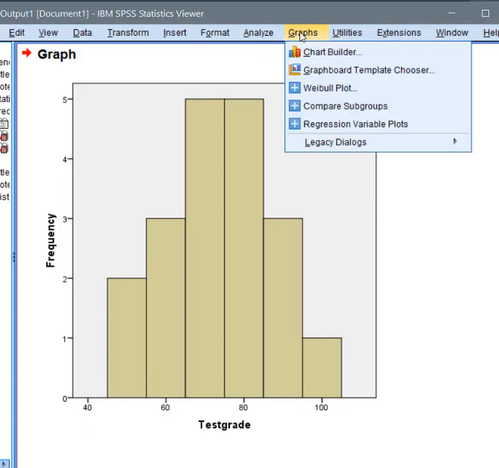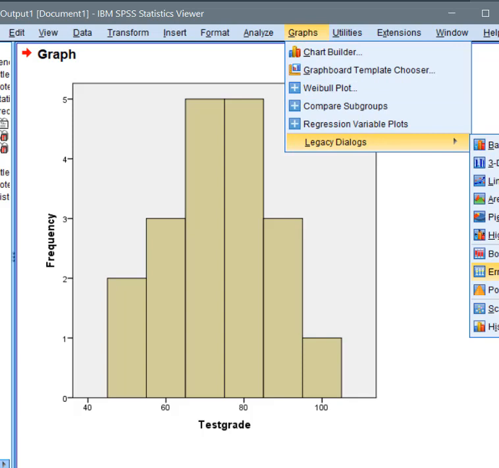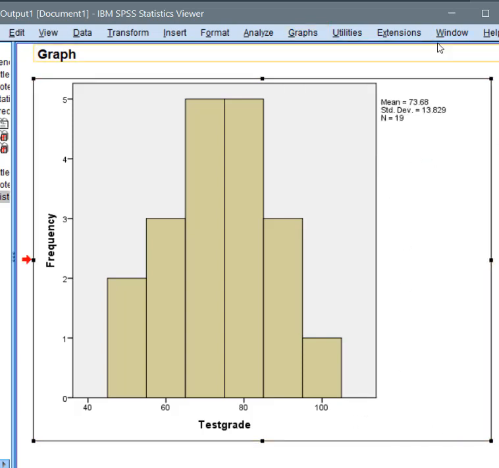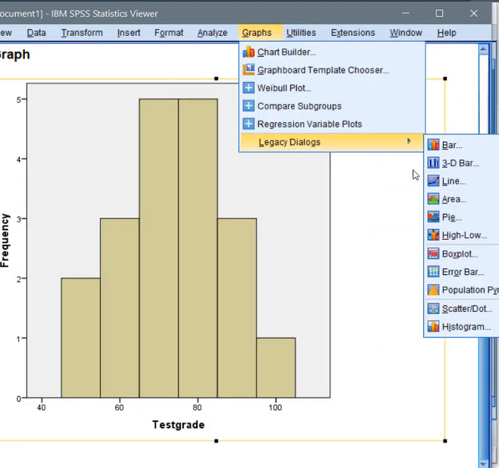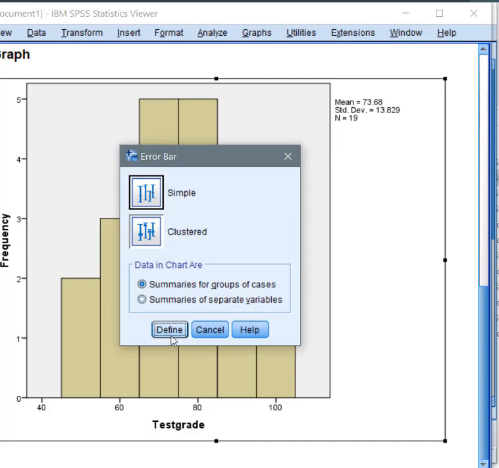So for that, I'm going to go up to Graph, Legacy, Error. Whoops, let me move this over a little bit because I don't think you're seeing that. Graph, Legacy, Error. And in this case, you want to be grouped into cases by class.